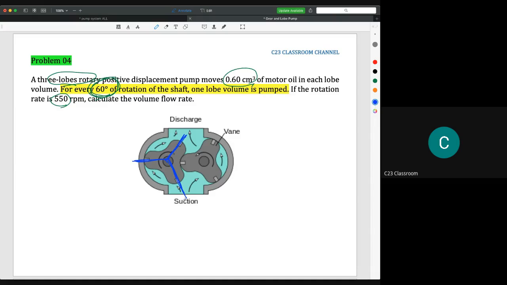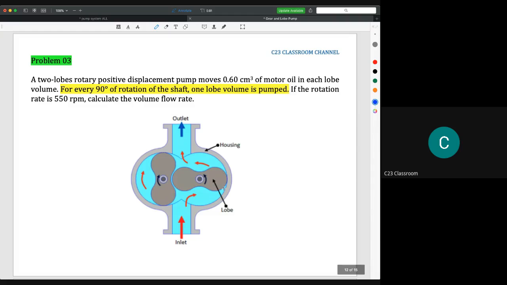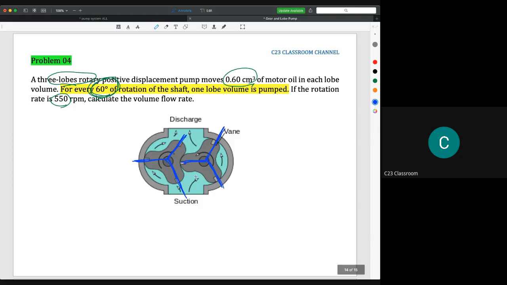People might be a little bit confused, because the shape here is similar to this one. If we see the 2 lobes, one is vertical and one is horizontal, quite perpendicular to each other, but the idea is the same.